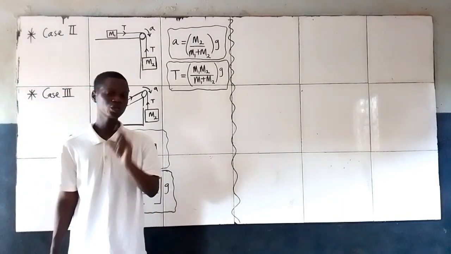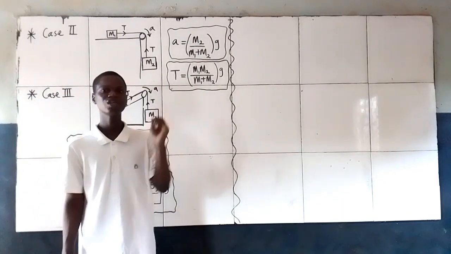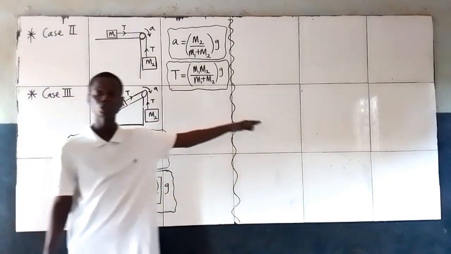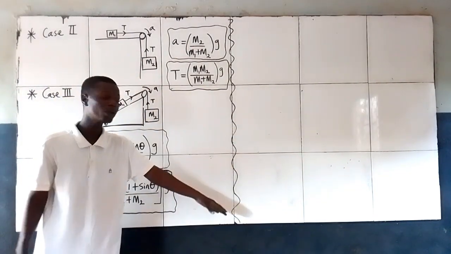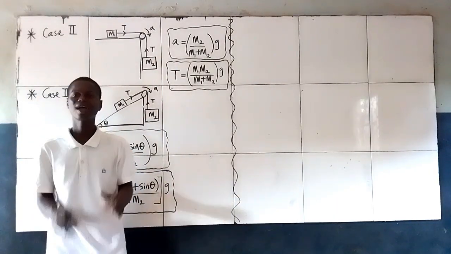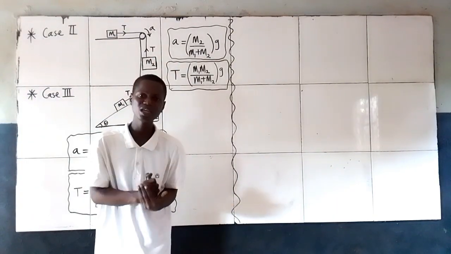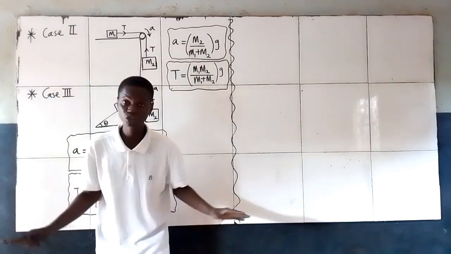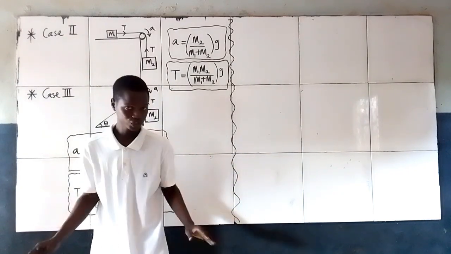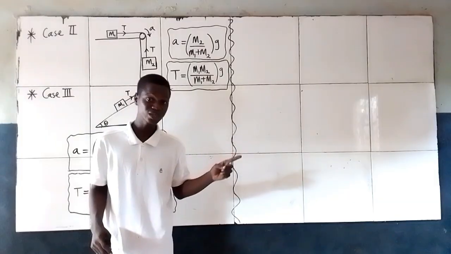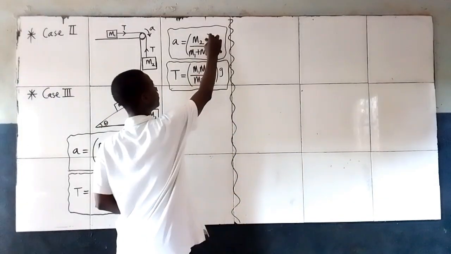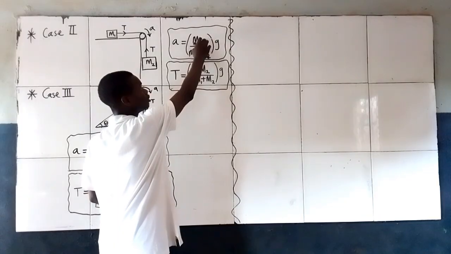Now I must bring to your notice that sometimes the value for the coefficient of friction will be given, because under this motion of connected masses, all the formulas I've given you for A and T are only if and only if the surface on which they are moving is frictionless. There is no friction. But if friction was given, there is a different way you follow it up. Usually, you will subtract the frictional force from the upper part.